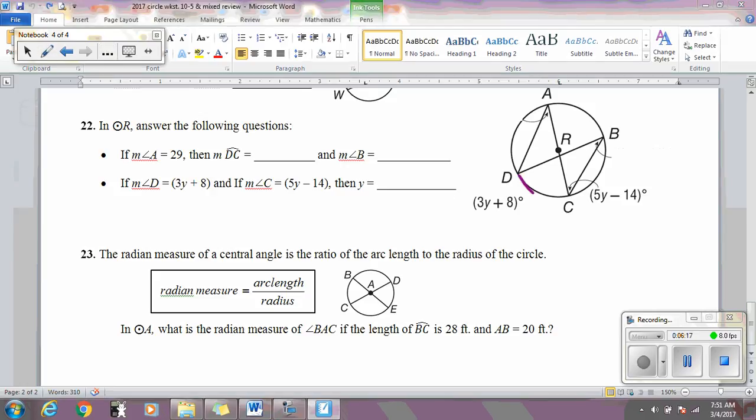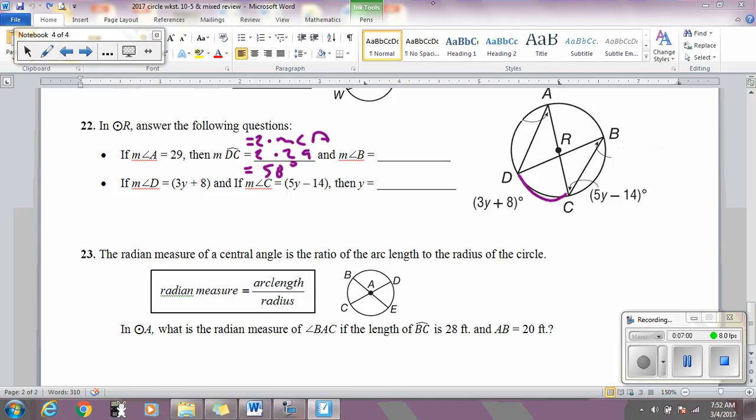So angle A is an inscribed angle, and arc DC is the arc that is intercepted by angle A. So if I want to know the measure of arc DC, I would take 2 times the measure of angle A. So that means it's 2 times 29, which means it's equal to 58 degrees.